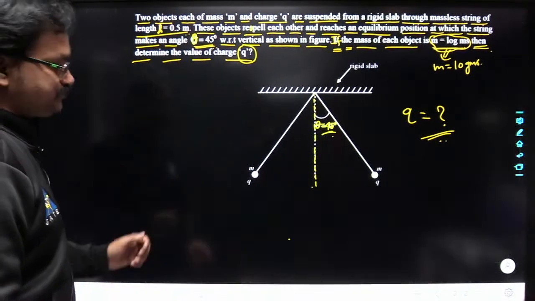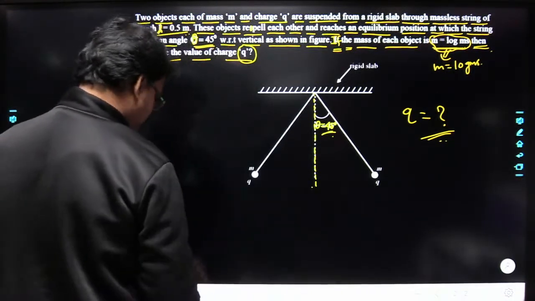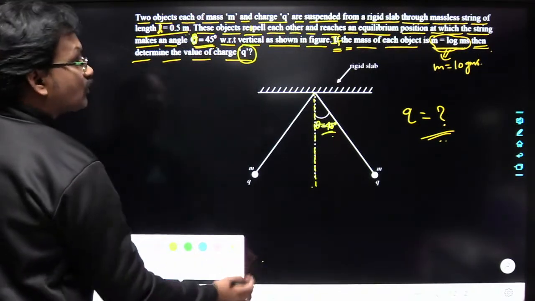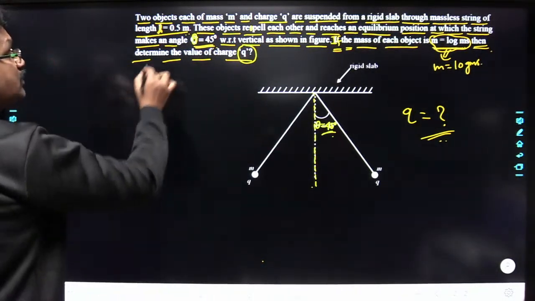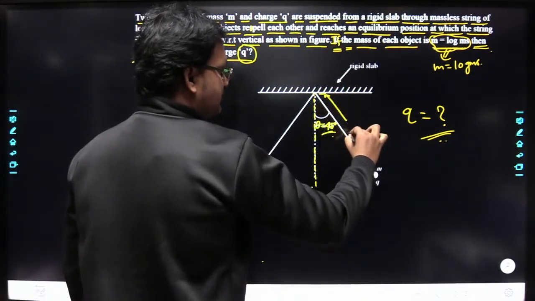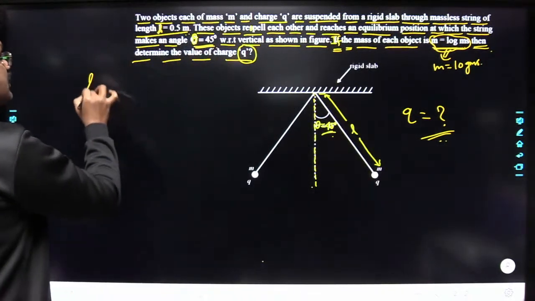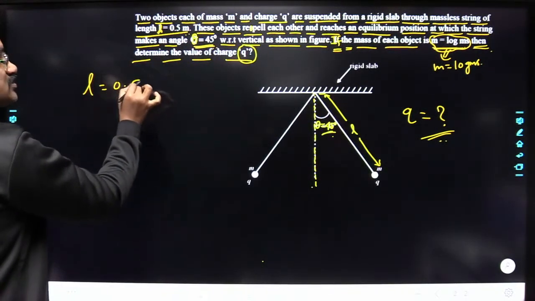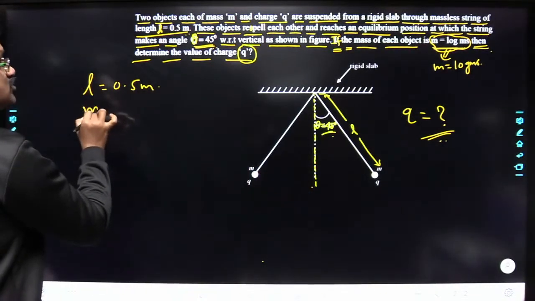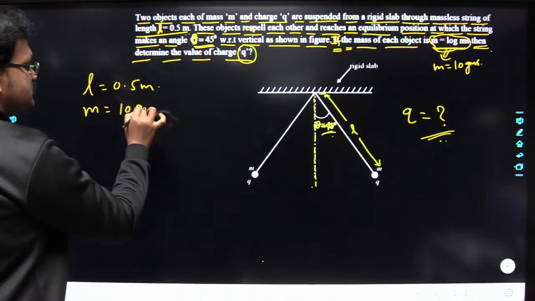Okay, so now see here, they have given the length. This is nothing but the length here. The length of the string they have given as 0.5 meters, and the mass of each object they have given as 10 grams.